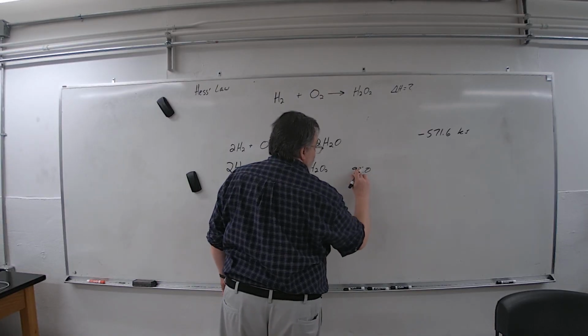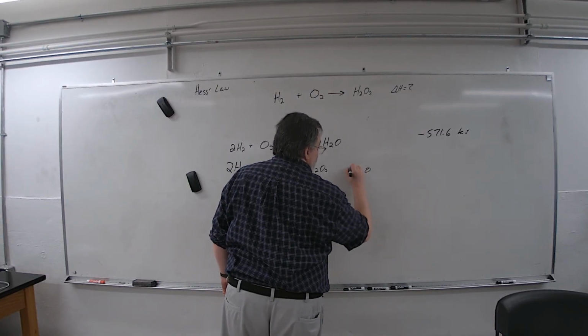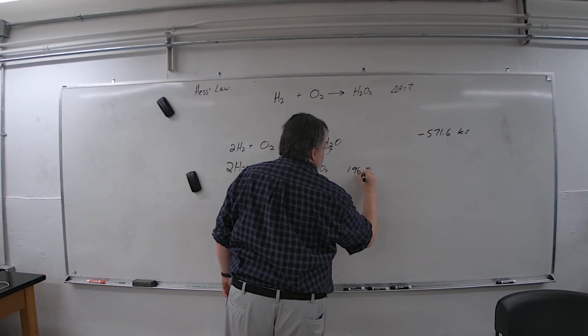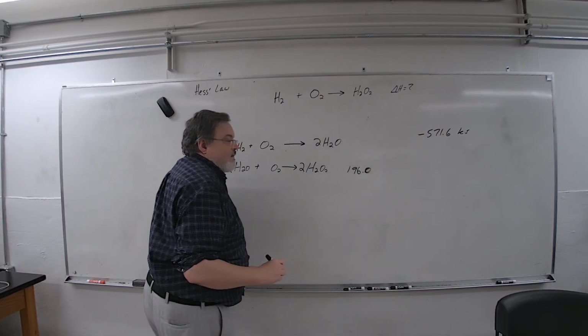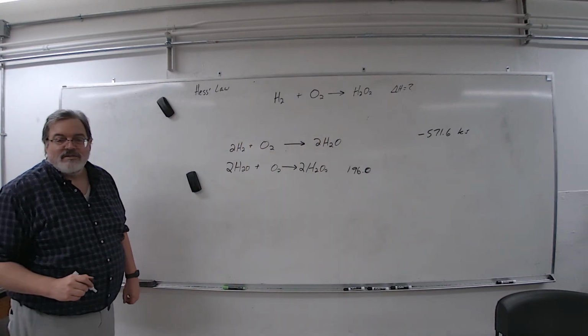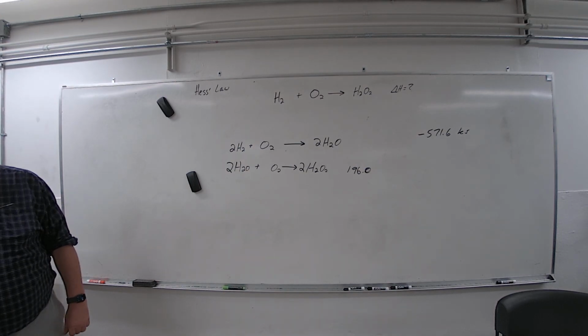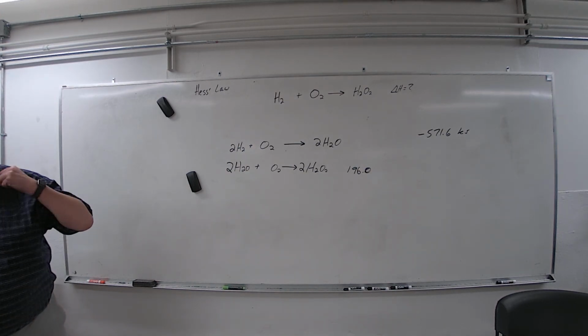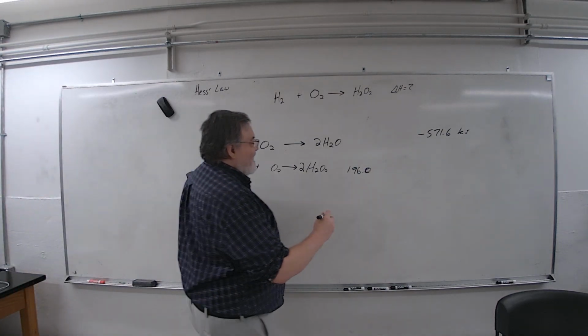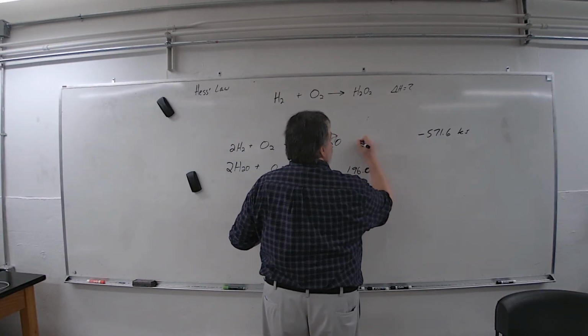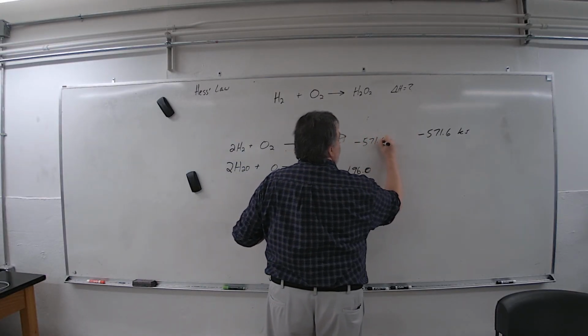Is that right? 98 times 2, is that 196? It is. Okay. So this is positive 196, this is negative 571.6.